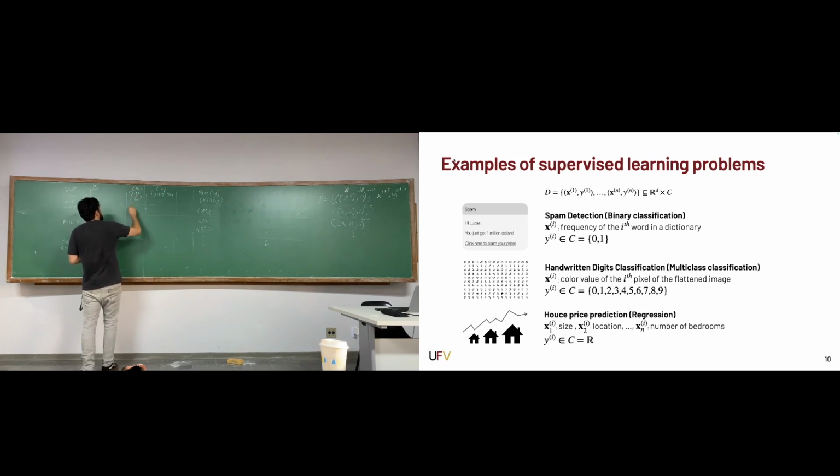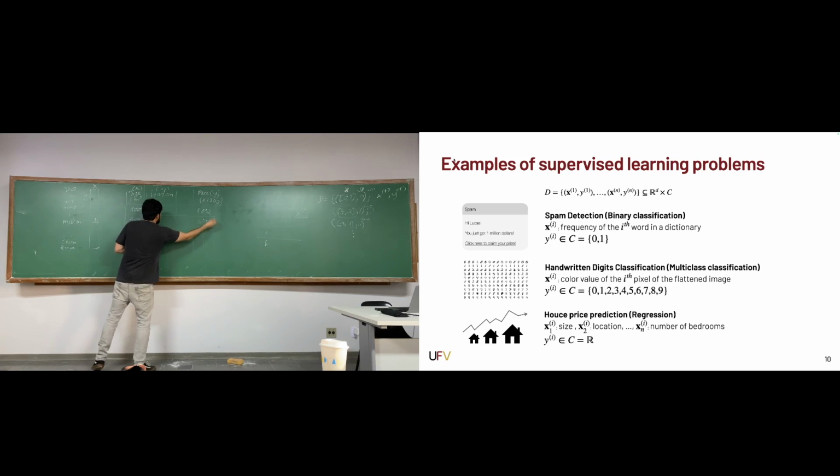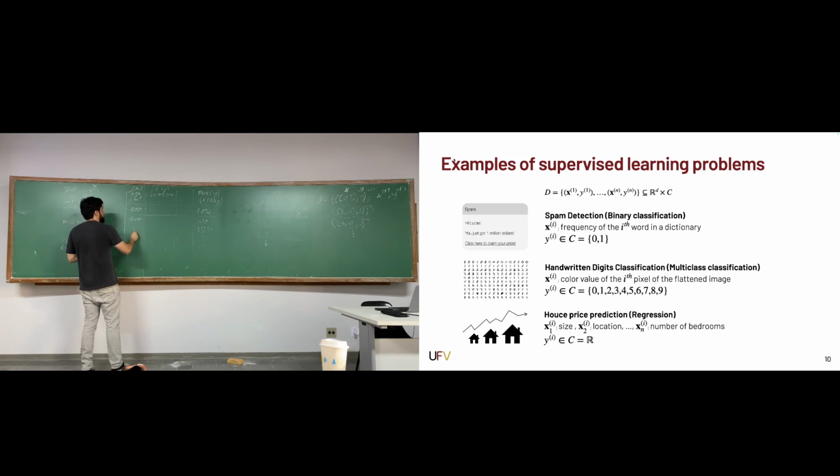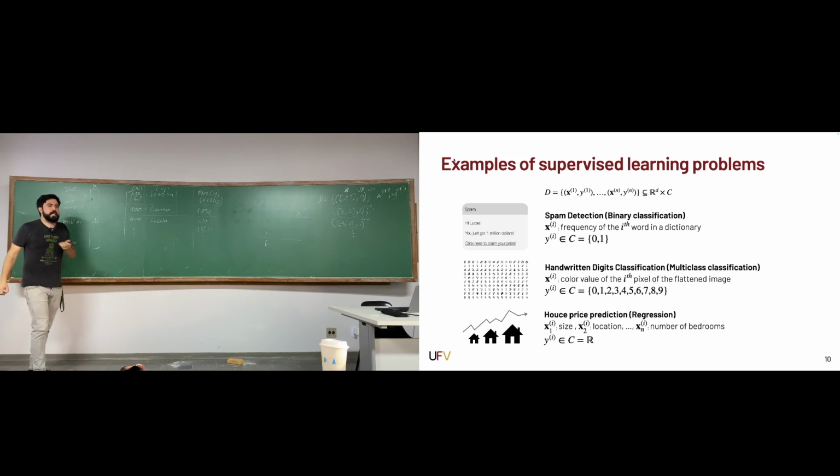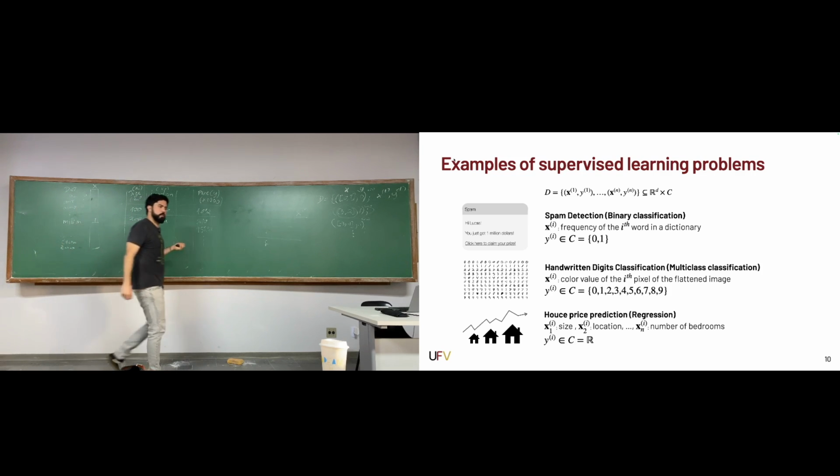Let's say the house is 100 square meters, 200 square meters, and the location could actually be categorical. Here you could have neighborhoods, let's say Centro, or Clélia Bernardes, or something like this. So you could have mixed types of features.